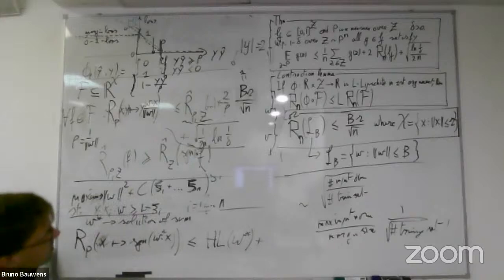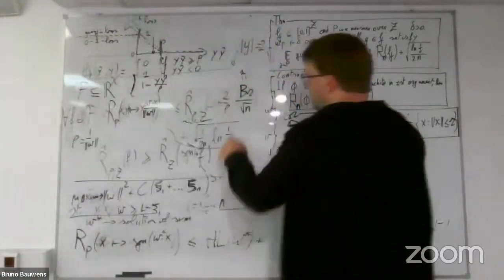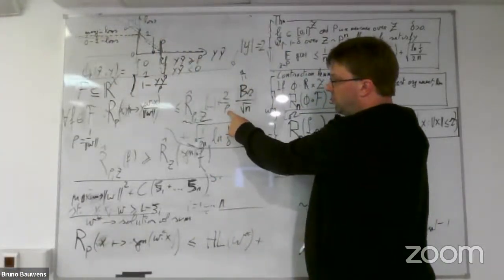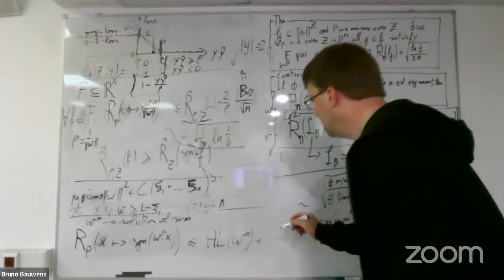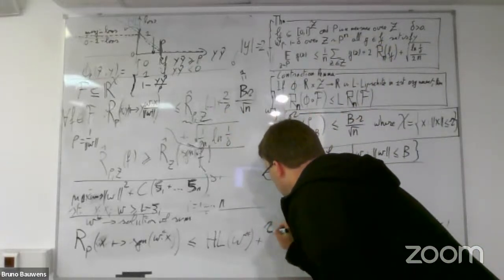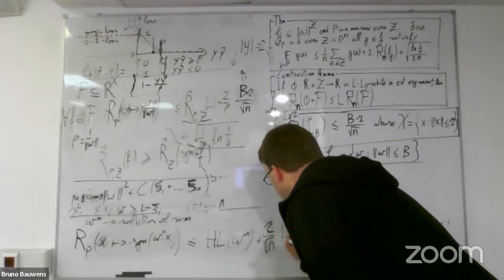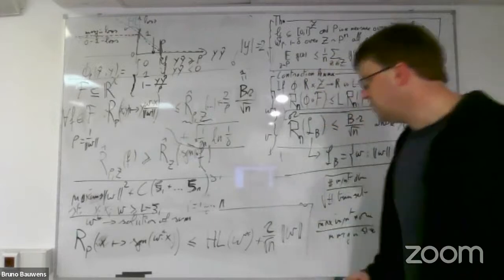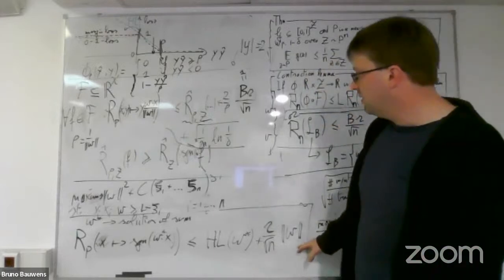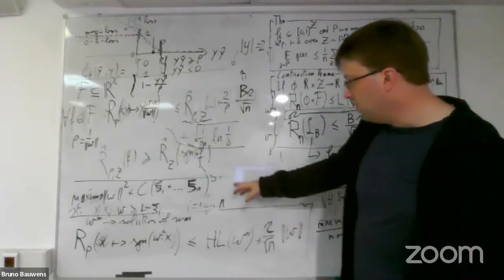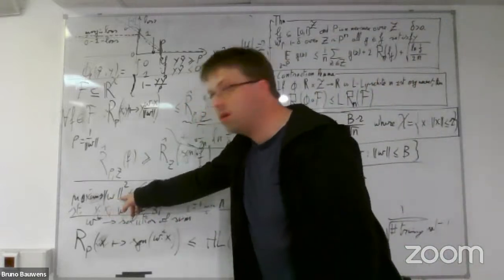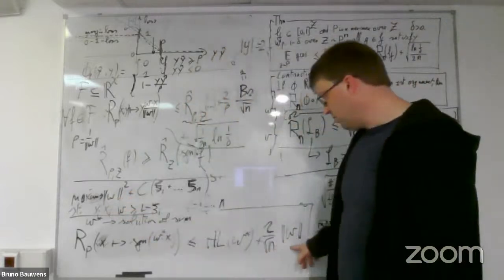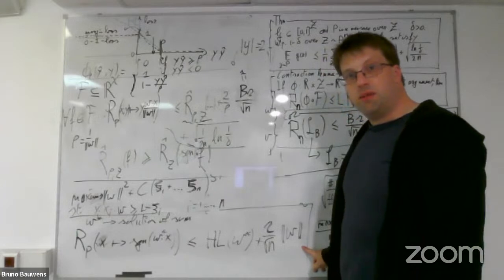And then the second term: note that rho was chosen as 1 over the norm of W, so we will have R divided by square root of N times the norm of W. So what we see is that we don't get the SVM objective, because it has the norm of W squared here, and we only have the norm of W here. So it's a little bit different.